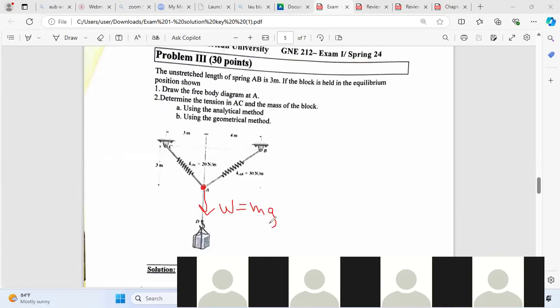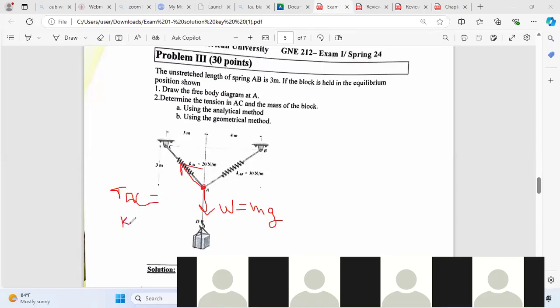Okay. I have the tension in spring AC. I will call it TAC. And because it's a spring, how do you express the tension? TAC is what? Is K delta L of AC.